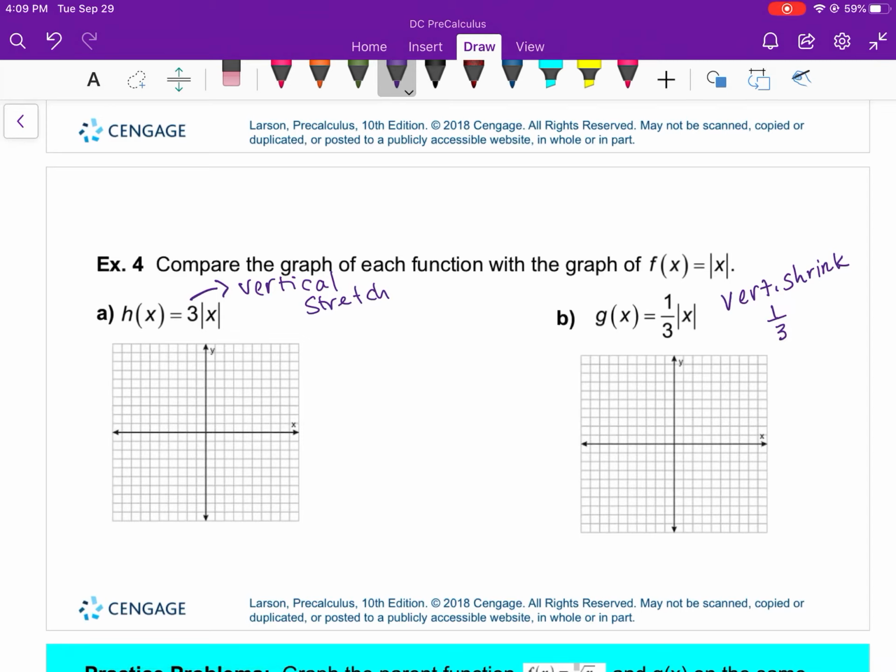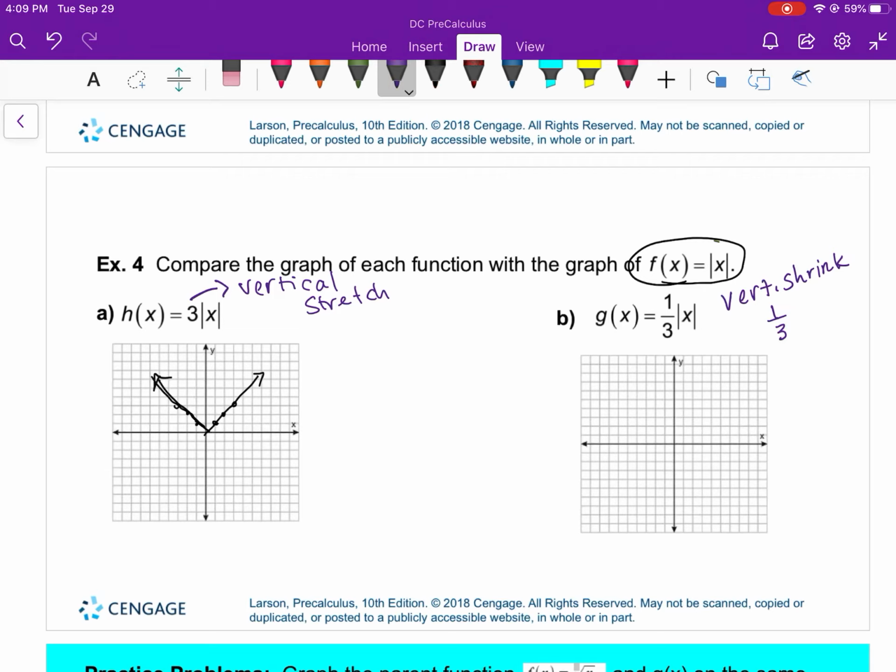Okay, so to graph this, I'm going to go ahead and graph the absolute value of x first. I'm going to do my parent function again in black, 1, 1, 2, 2, 3, 3, etc. That side's not very straight. Okay.